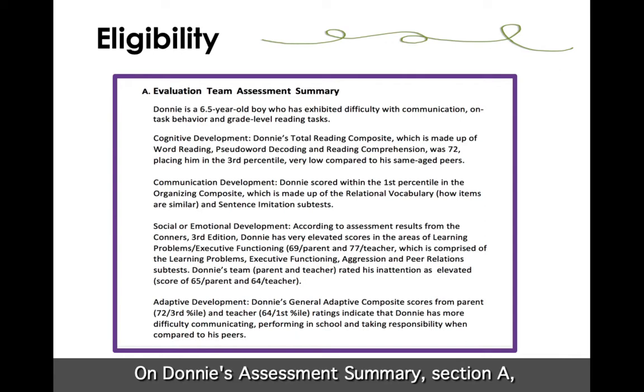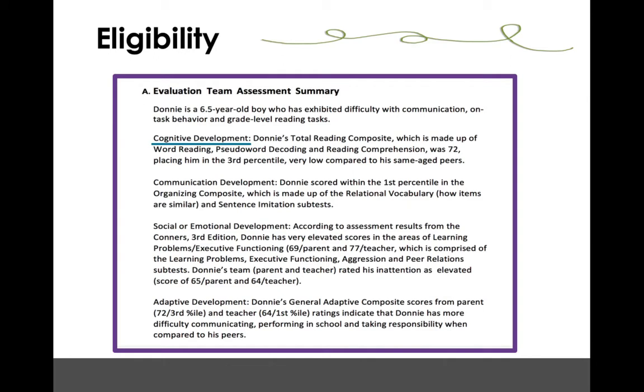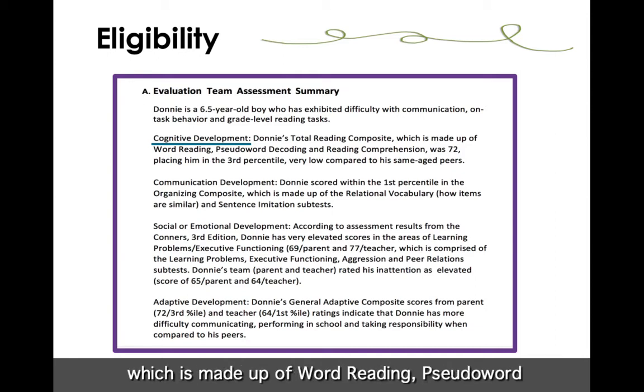On Donnie's assessment summary, Section A, in the Cognitive Development section, Donnie's total reading composite, which is made up of word reading, pseudo-word decoding, and reading comprehension, was 72, placing him in the 3rd percentile, very low compared to his same-aged peers.